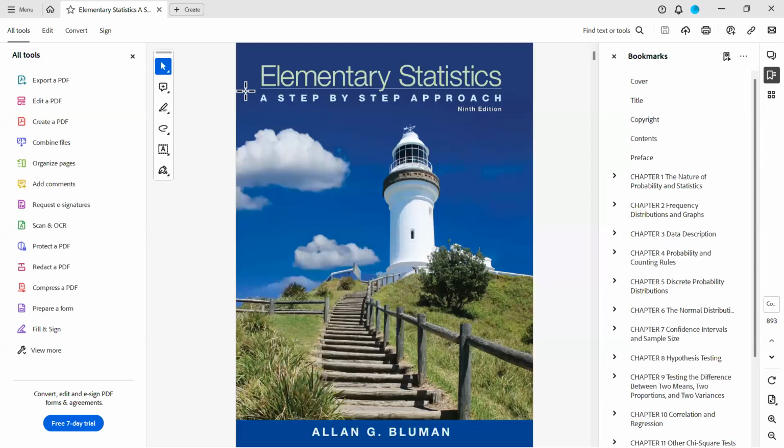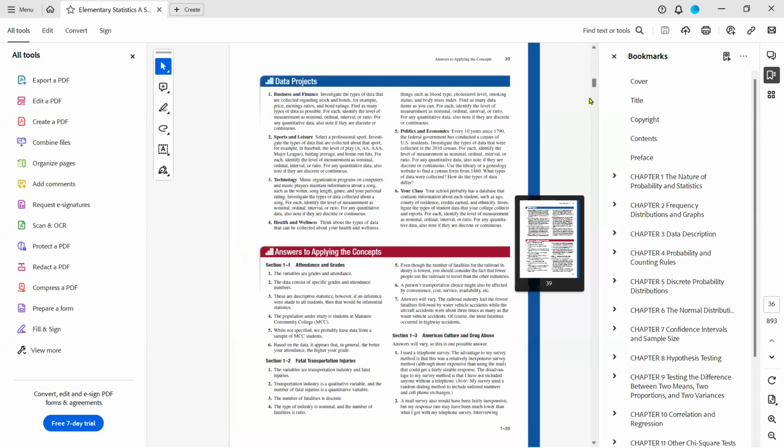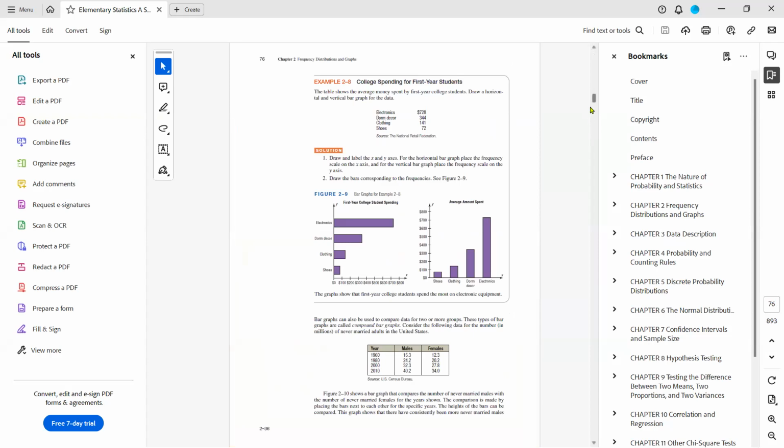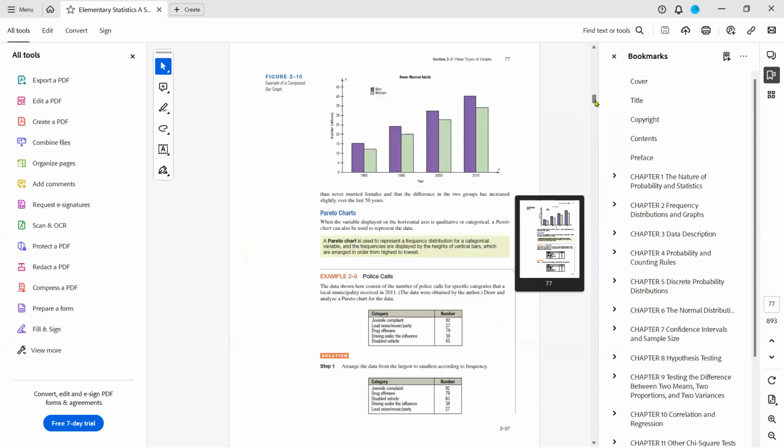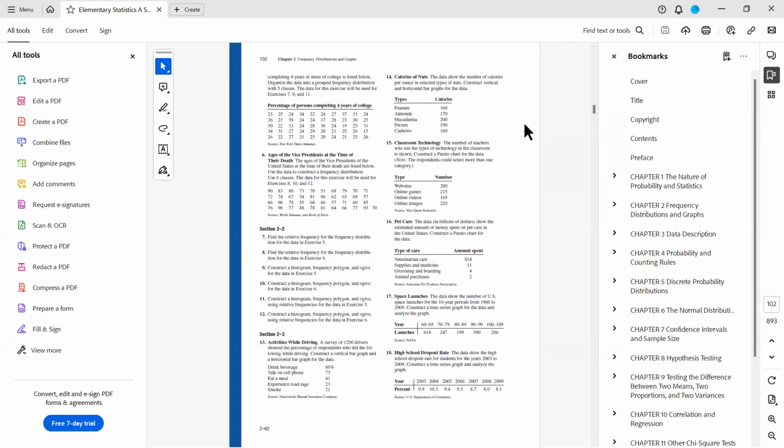Now, if I share the screen with you, I say, okay, here's my book. Now, I believe that it is page, we're almost there.